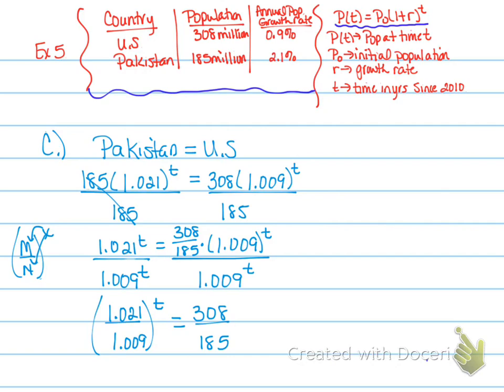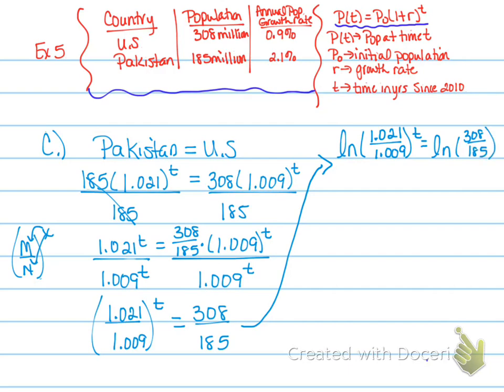So then remember, we're going to log both sides. So we're going to have the natural log of 1.021 over 1.009 raised to the t equals the natural log of 308 over 185.